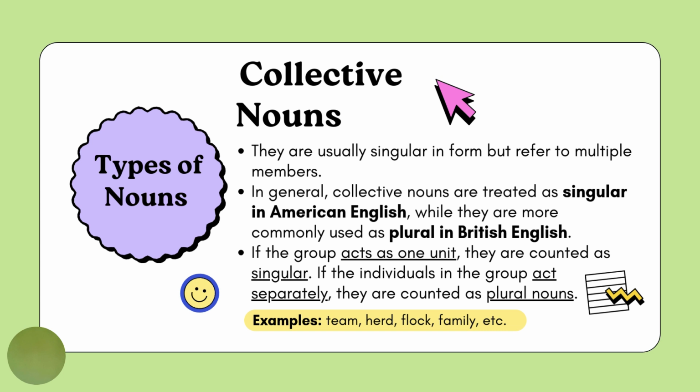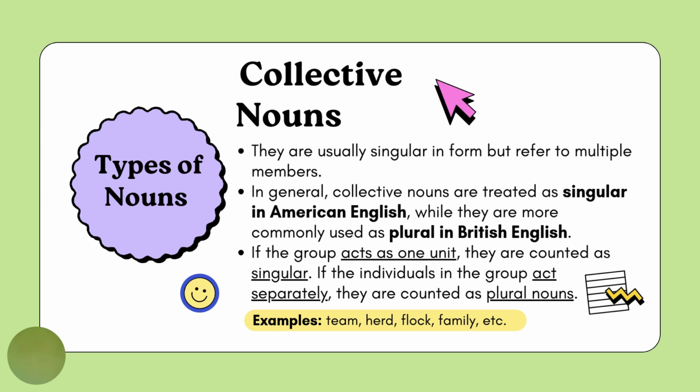The last thing about types of nouns is collective nouns. Collective comes from the word collection, and if you have a collection there must be more than one, right? However, collective nouns are considered singular in form.